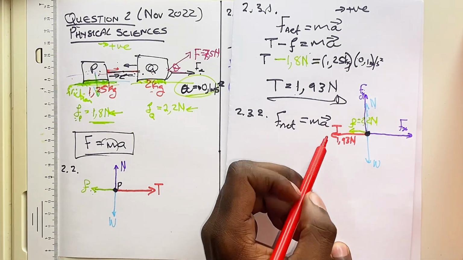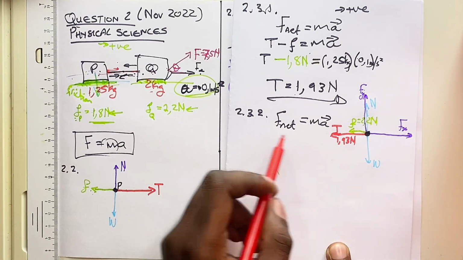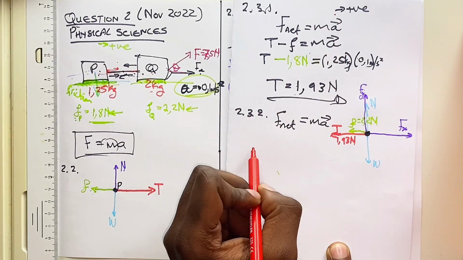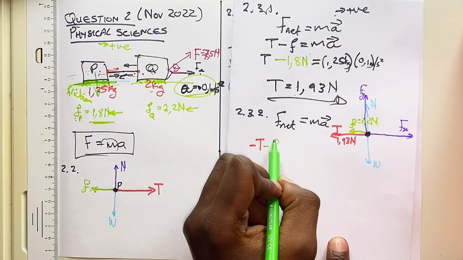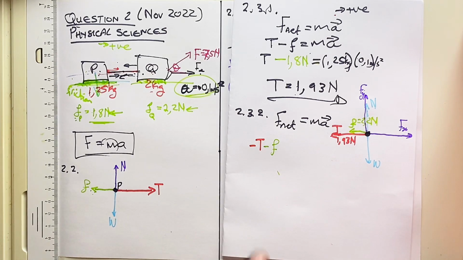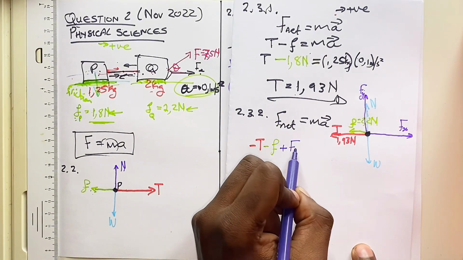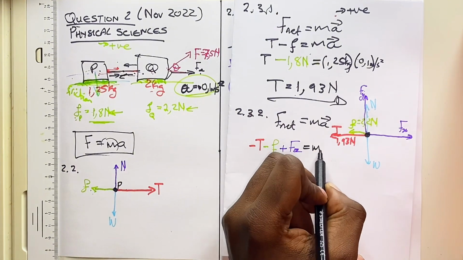We have tension, but our tension now acts in the opposite direction. It now acts to the left, and we said right is positive, so we'll have negative tension. We have friction, which is also acting to the left, so it is minus F. But we also have an x component of the force acting to the right, so that one is positive, and that is all equal to ma.